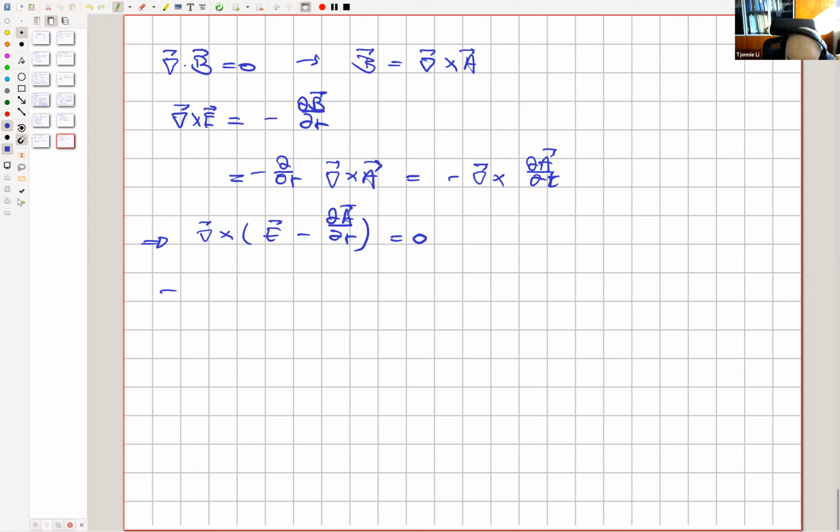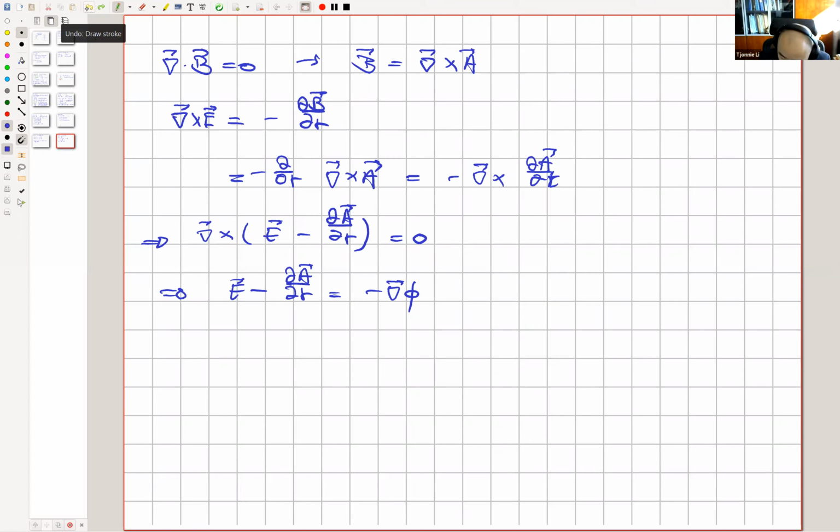And so it means that E minus partial A partial t equals the negative of some phi. Let me put a phi prime here, that is not to be confused with... well, actually, that may cause even more confusion. Okay. But now this field is defined with the minus partial A partial t.